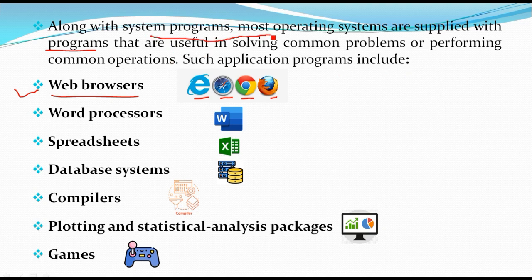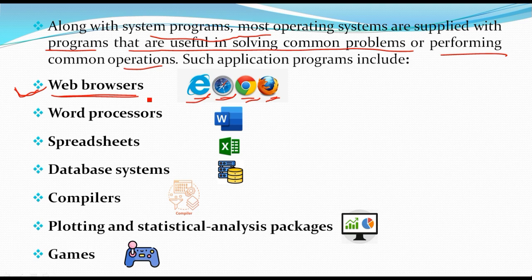The operating system is supplied with programs useful for solving common problems, like opening any web page with the help of a web browser. You can choose any web browser and open web pages or any website.